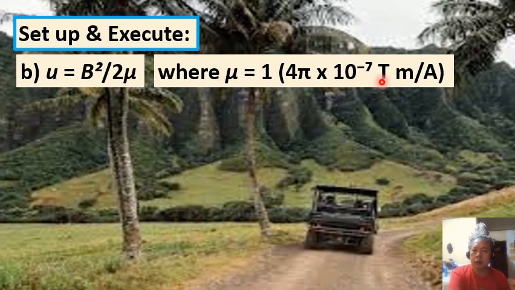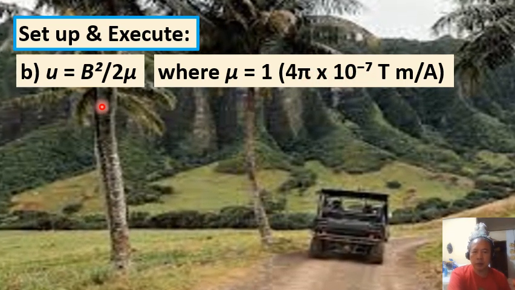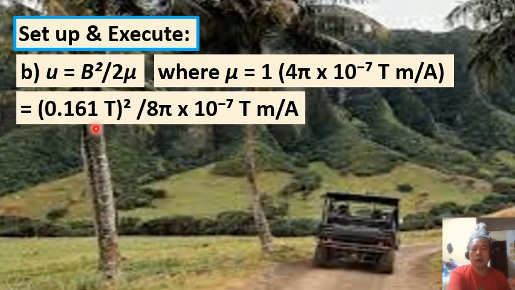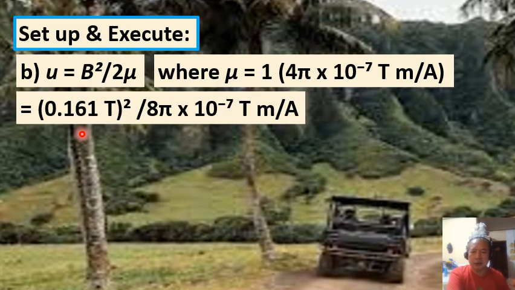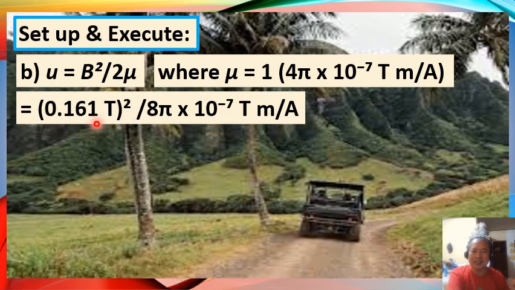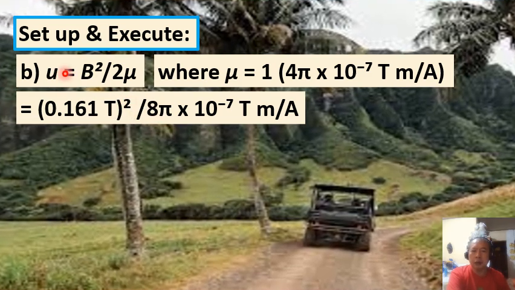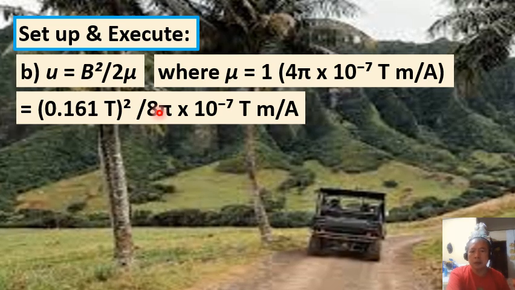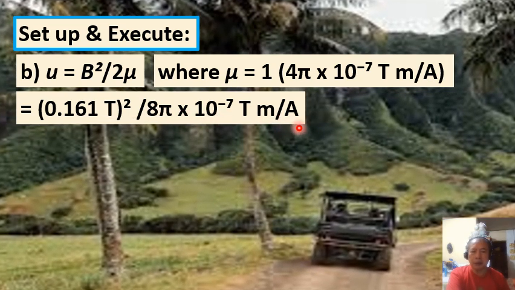Multiplied by that constant, magnetic constant mu naught. So when we substitute, we get the square of the magnetic field that we earlier calculated, equal to 0.161 Tesla. Okay, square it and then divide it by twice the value of mu, or 8 pi raised to the negative 7 Tesla meter per ampere.